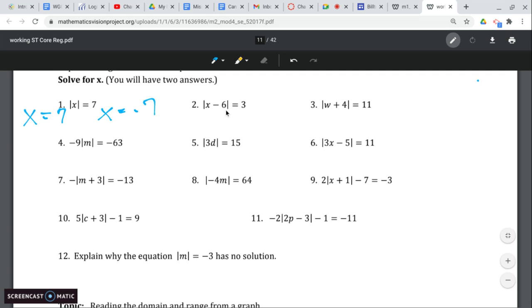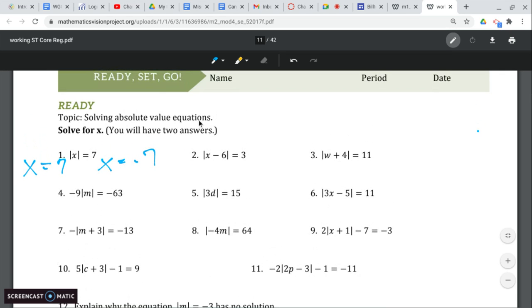Now on number 2, once again, there's nothing on the outside of the absolute value, so we don't have to worry about solving anything yet. So we split it. We have the equations x minus 6 equals 3 and x minus 6 equals negative 3. Now we're going to add 6 to both sides.